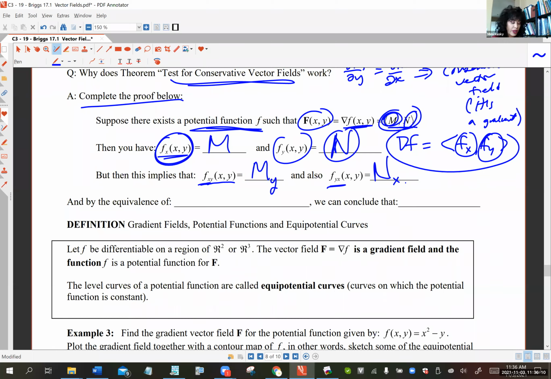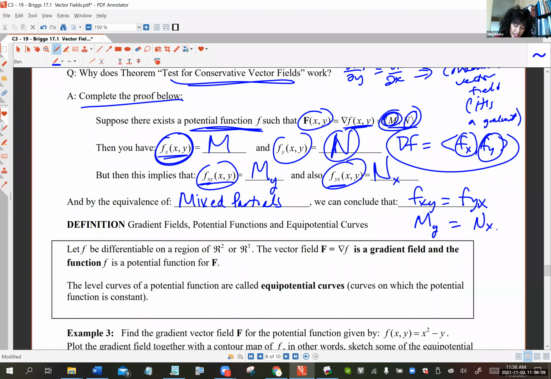Fine. But we know that when we were studying partials and second partials, that f_xy and f_yx are called mixed partials. They're kind of like the mixed up kids. And there was another theorem back when we were covering partial derivatives that says that mixed partials are equal. So if f_xy has to be equal to f_yx, we're saying that M_y has to be the same as N_x.